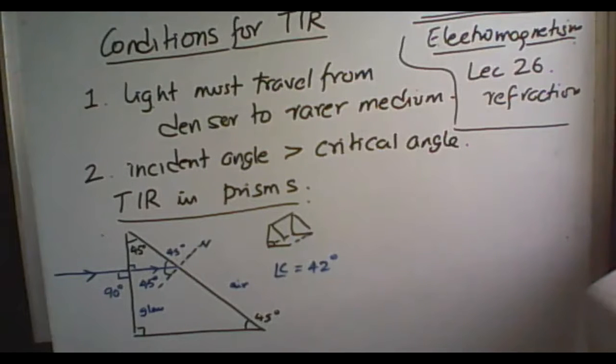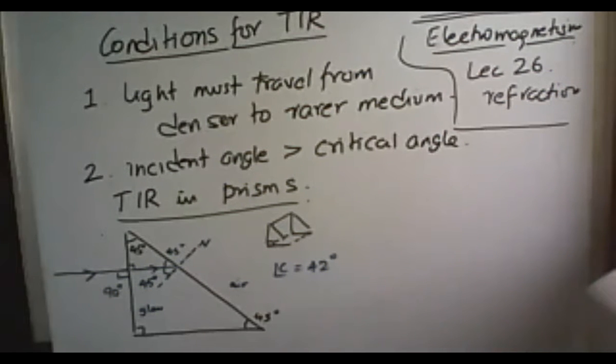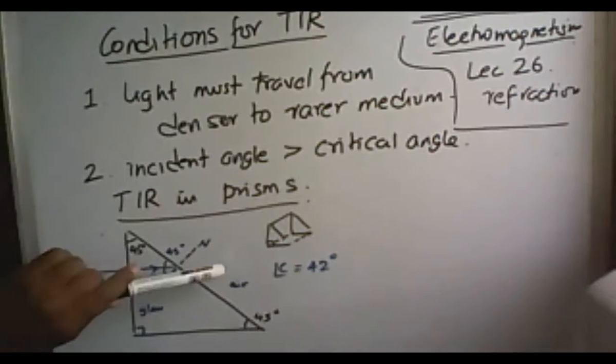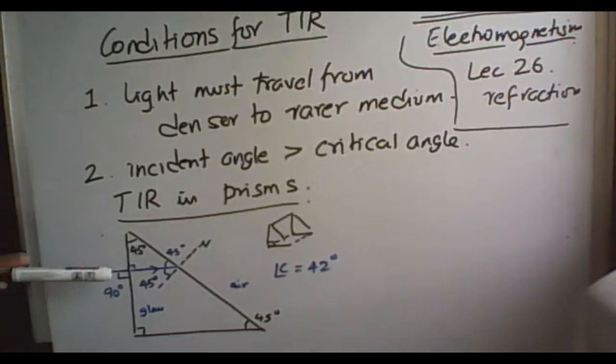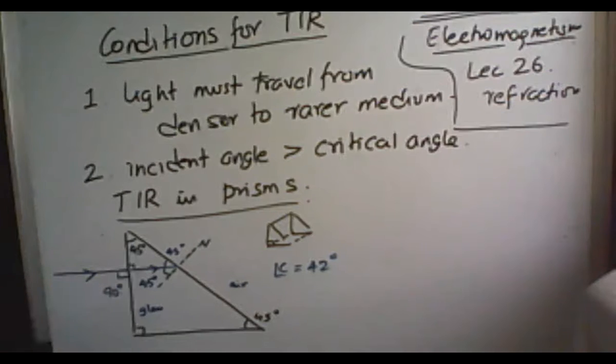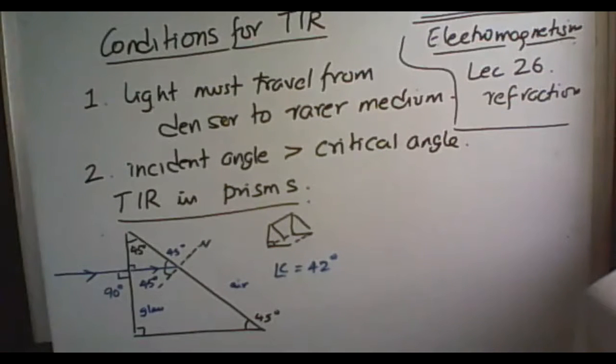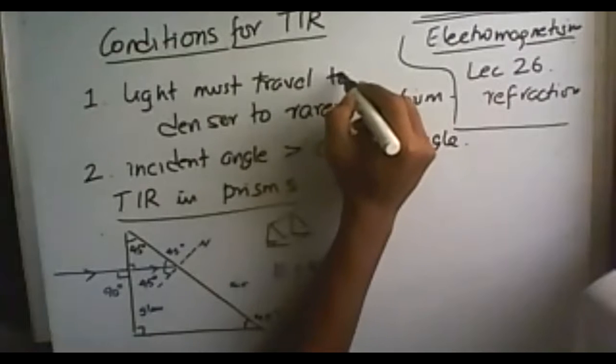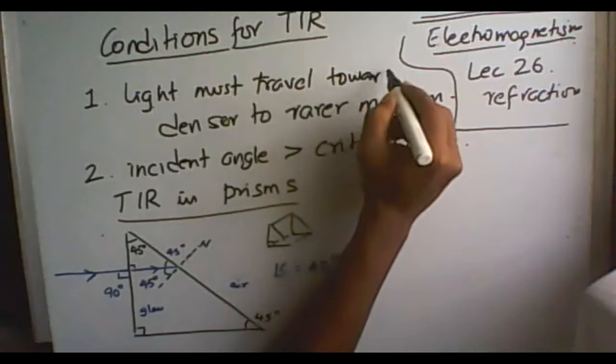So since the angle of incidence is 45 degrees, there is going to be TIR taking place. Why? Because the two conditions are met. The light is traveling from the denser medium to the rarer medium. So this is the denser medium, this is the rarer medium. It's going from the denser medium towards the rarer medium.